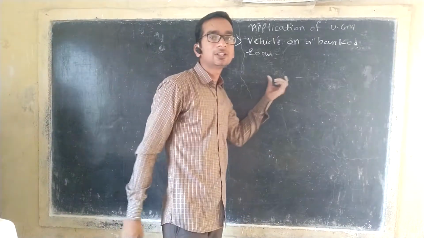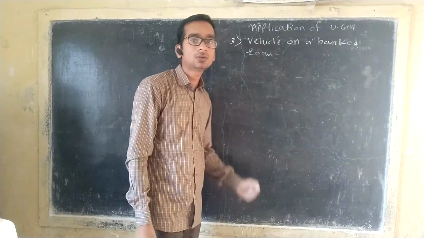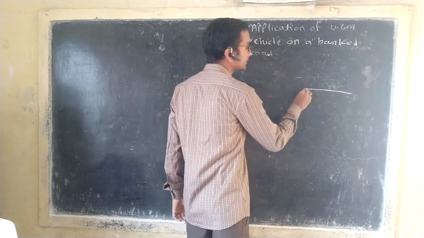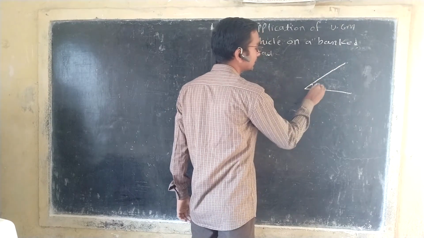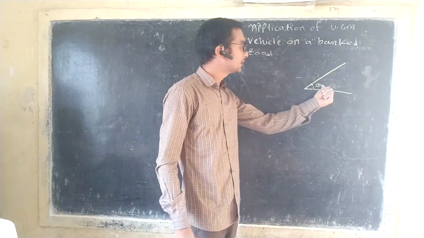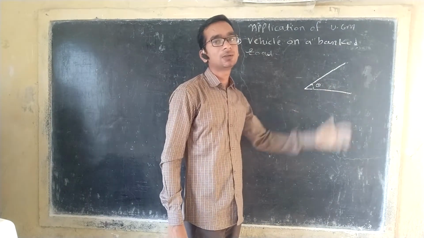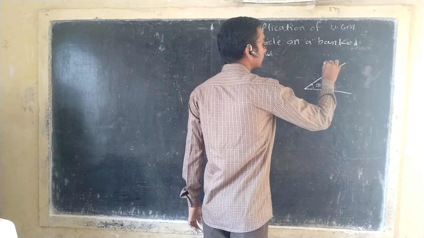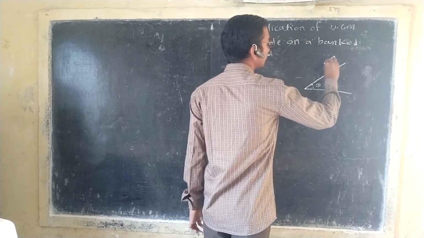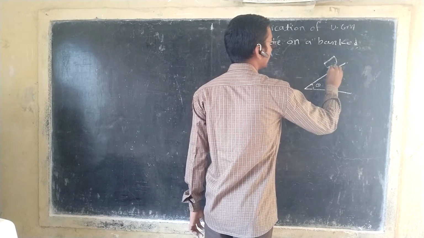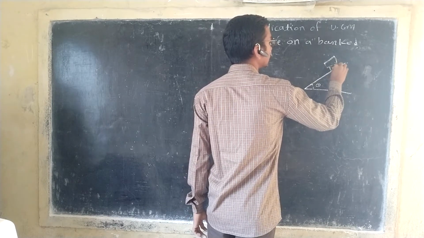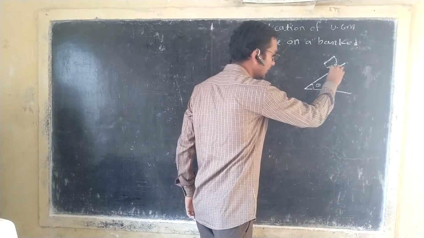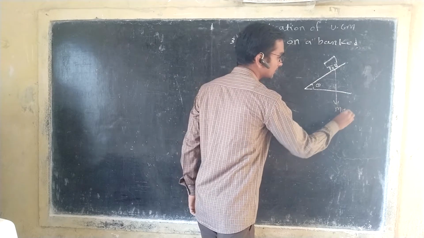So now our third application, vehicle on a banked road. Now consider a road surface inclined by an angle theta. Then this angle will be said to be the angle of inclination. In this road, consider a vehicle of mass m, and the weight of this vehicle acting downward is given as mg.